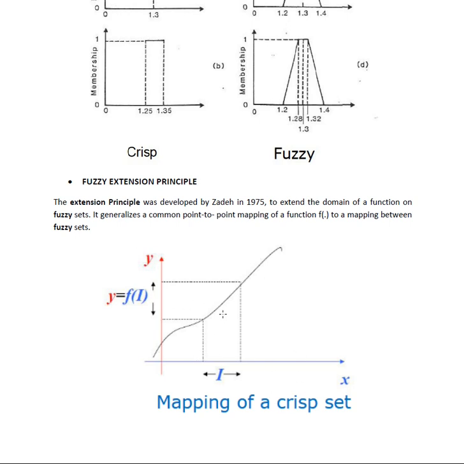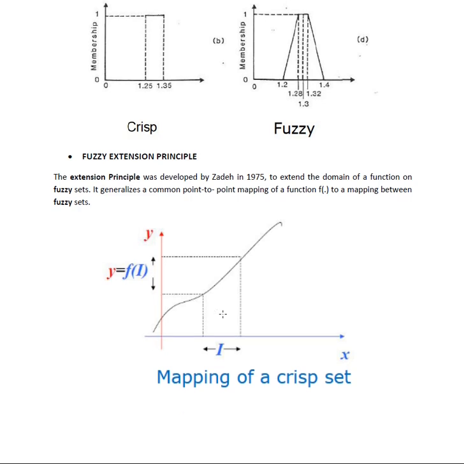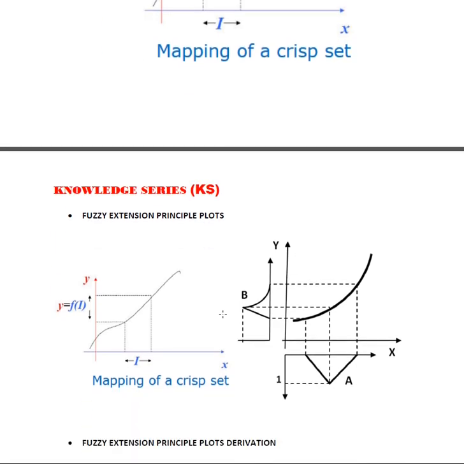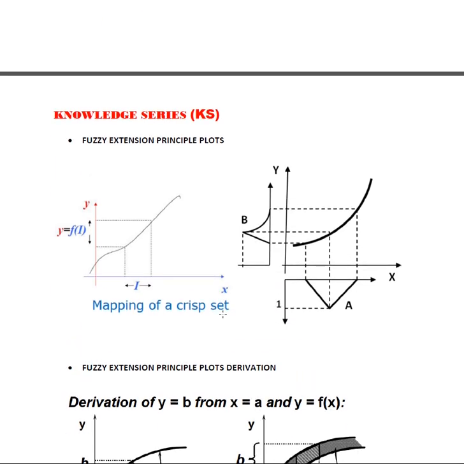Now, for further understanding, if you take two sets, let us take a set A and set B, and these two are fuzzy sets defined by the universes of discourse X and Y. So this is a separate universe of discourse, and this is a separate universe of discourse, where the input is represented in terms of fuzzy plots.